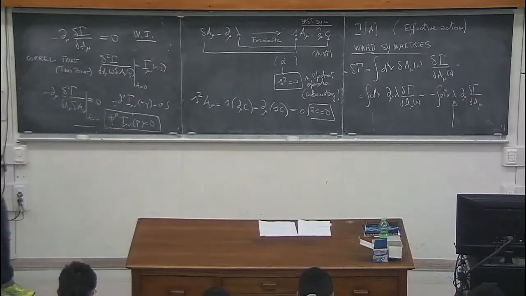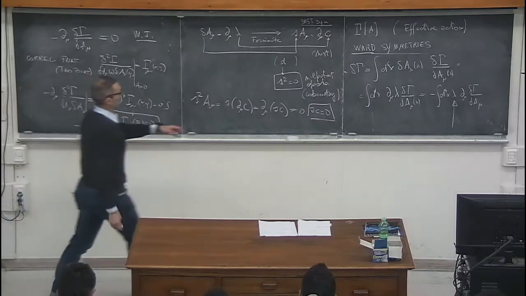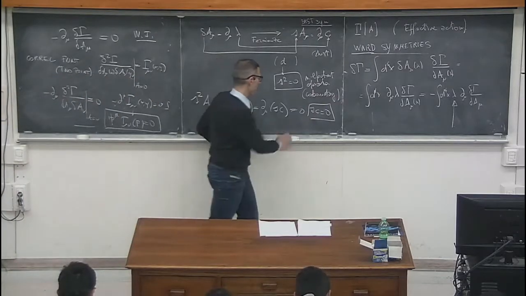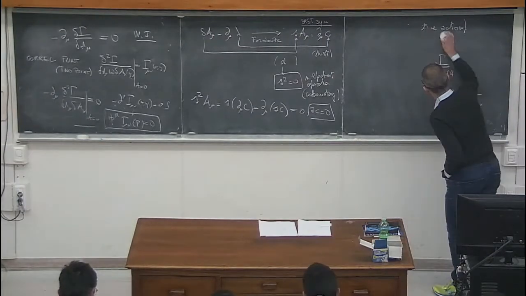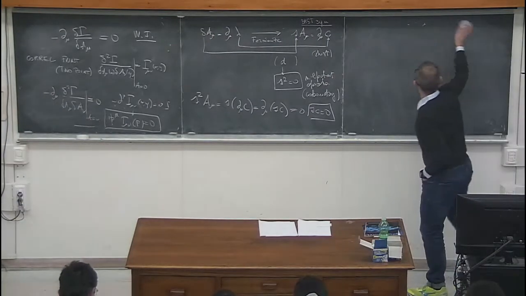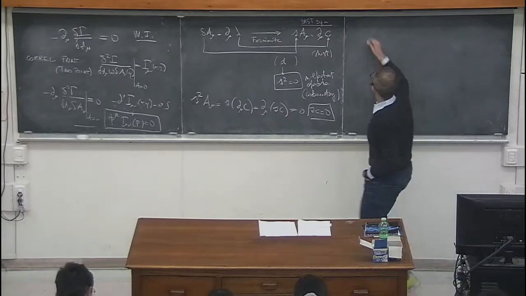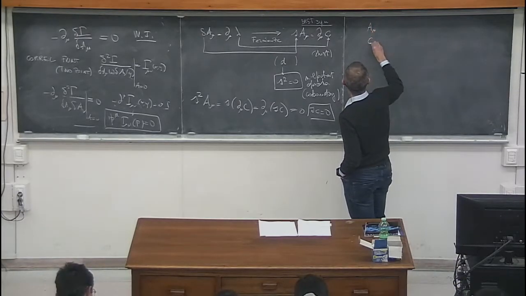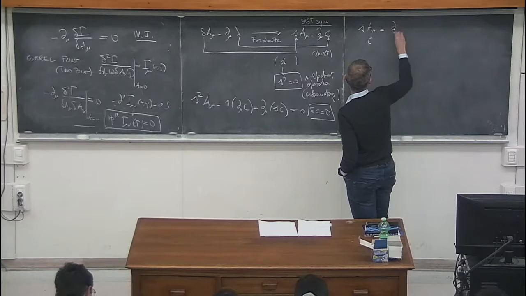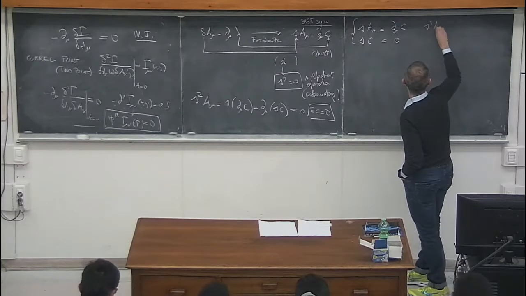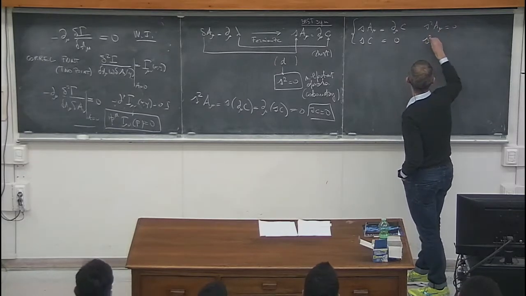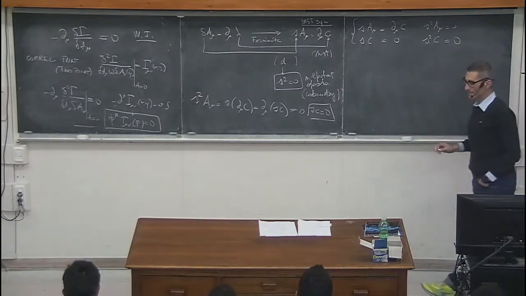So the ghost c must be invariant under the BRST symmetry. So I have two fields, the gauge field and the ghost, and they transform in this way: S of A mu is d mu of c, and S of c is equal to 0. Now I can immediately check that S squared of A mu is equal to 0 and S squared of c is equal to 0.